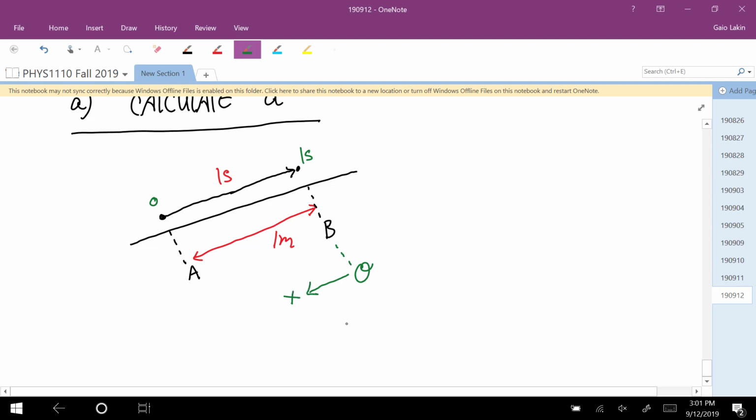And so if you start at 0 and go 1 meter in the positive direction, what's the position at A? It's positive. Because just always think of starting at 0, and if you go in the positive direction, it has to be positive, and if you go in the negative direction, it's negative.